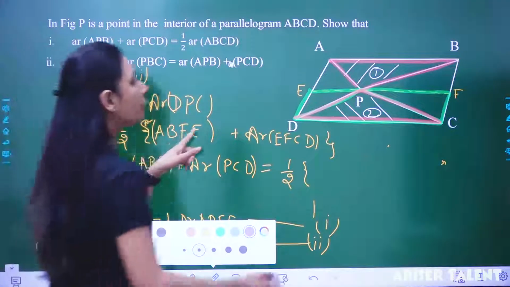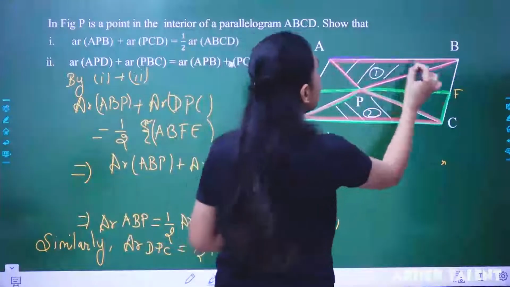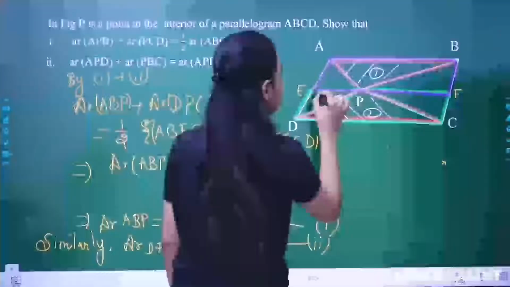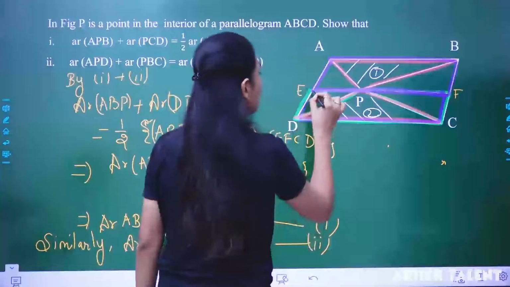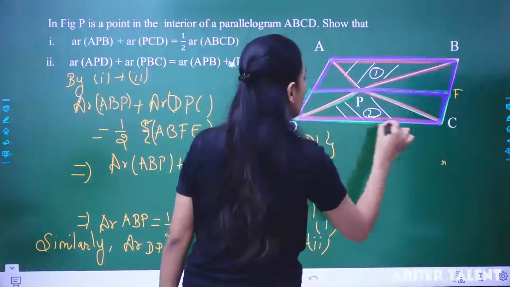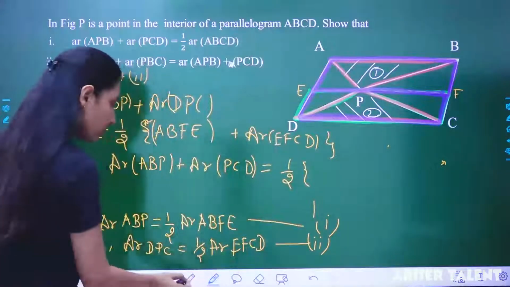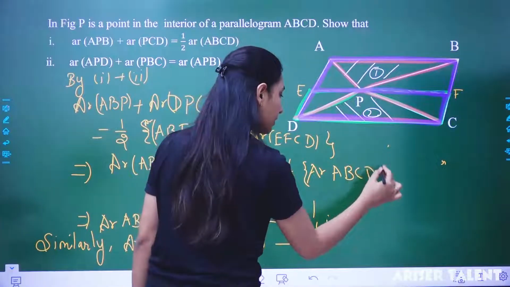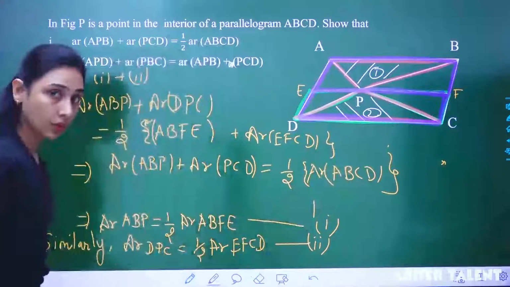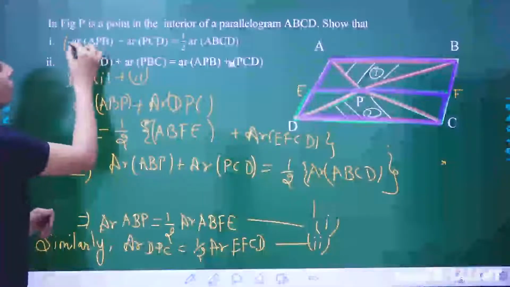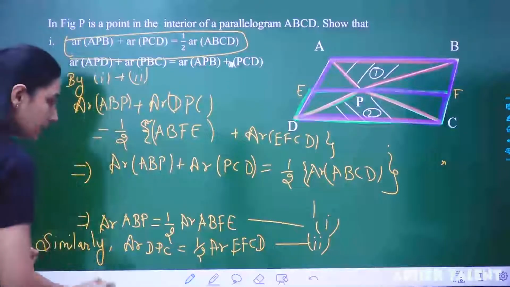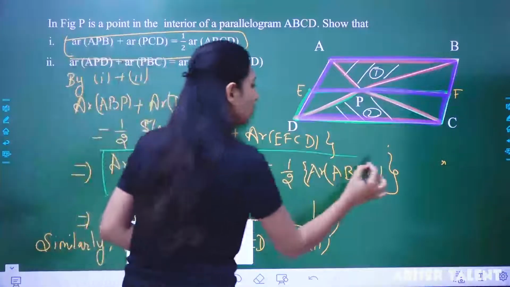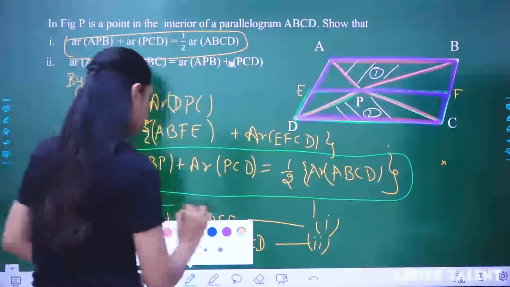This area ABFE and this area EFCD, these two areas make the area ABCD. So, basically this is area ABCD. Okay. So, this is what we had to prove right here. So, hence proved, the first part is over.